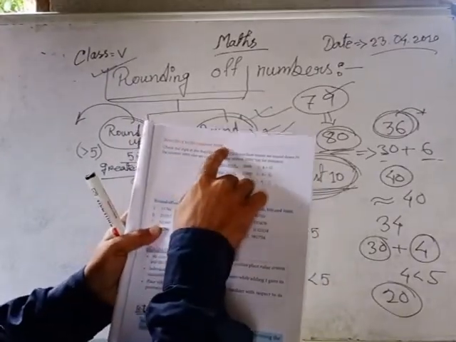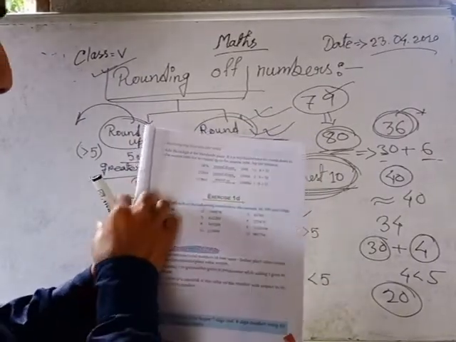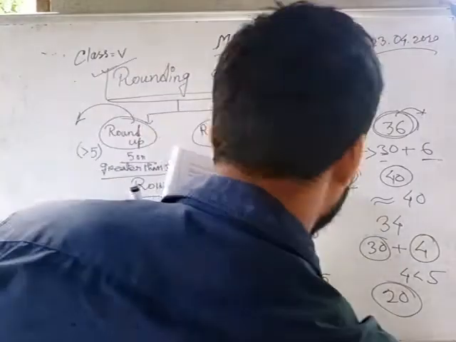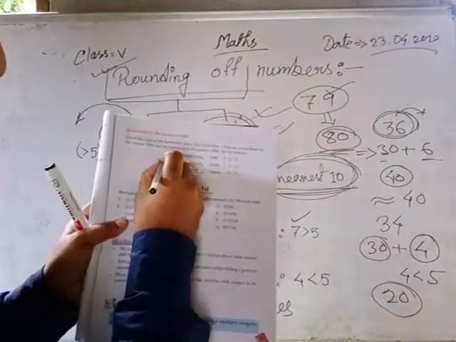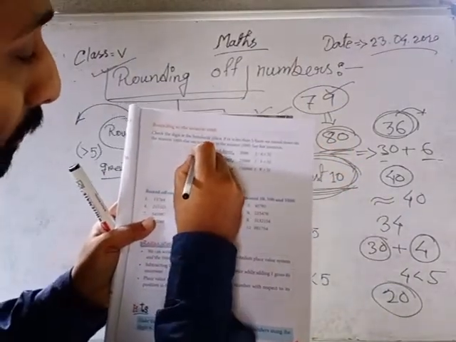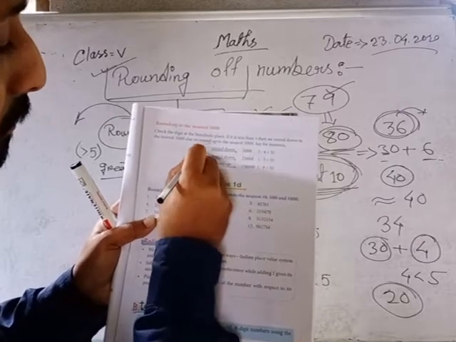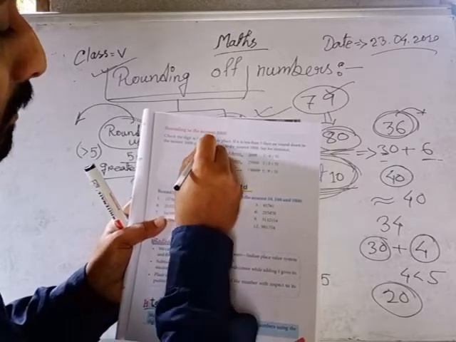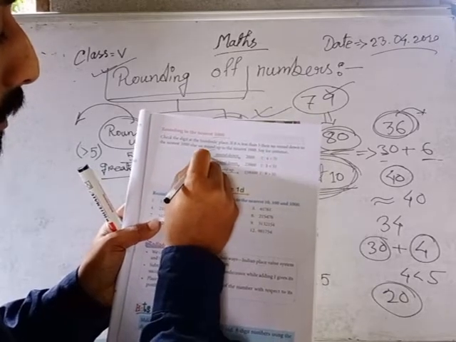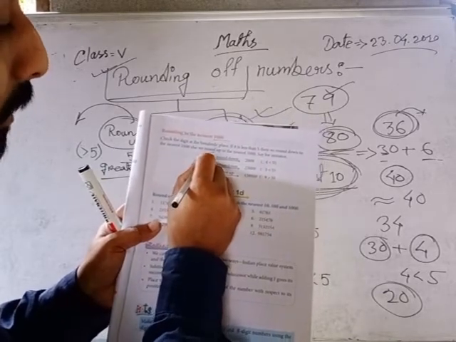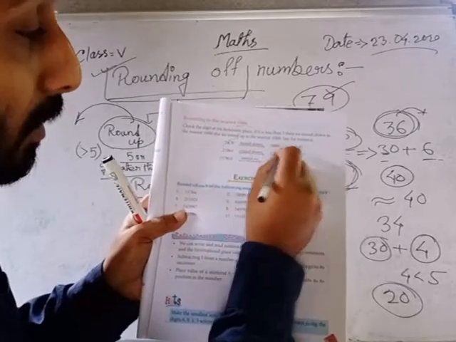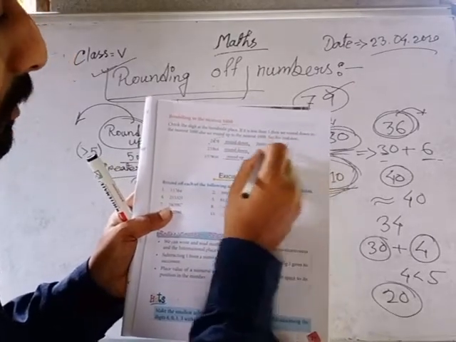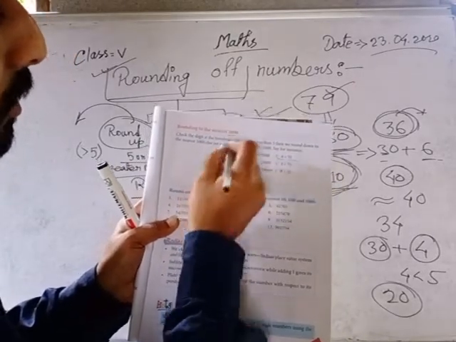Rounding to the nearest 1000. That means we should round the thousands, but we should decide from the previous digit of the 1000. That means the 100 place is 4. 4 is less than 5. That's why we should go back. That means 2000.